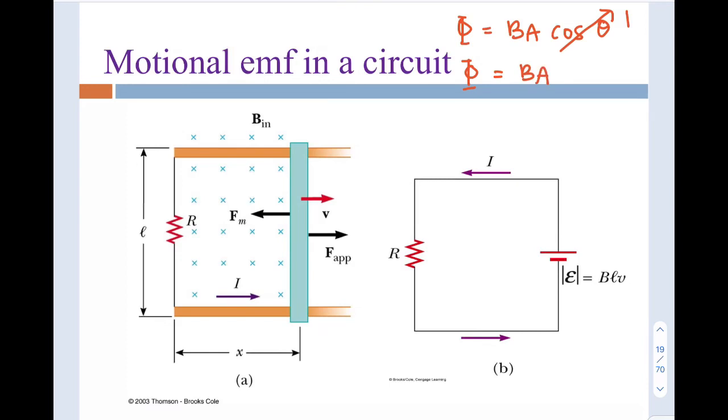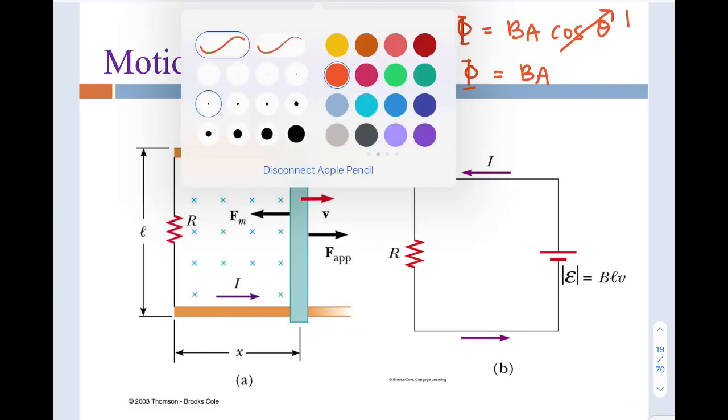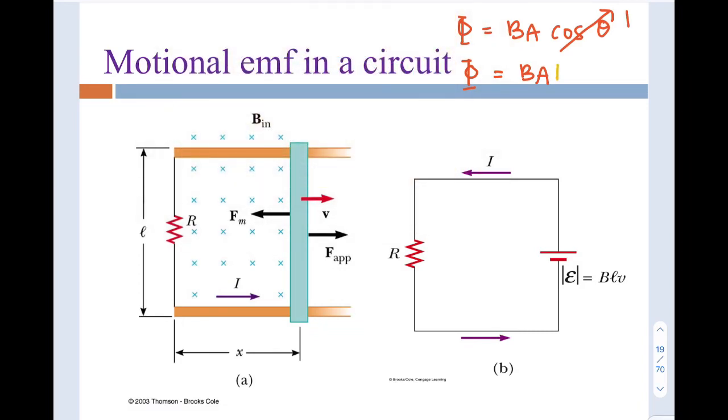So we are left with BA only. The A is increased because when the bar is pulled to the right direction, the A will be increased, so the flux also is going to increase, right?